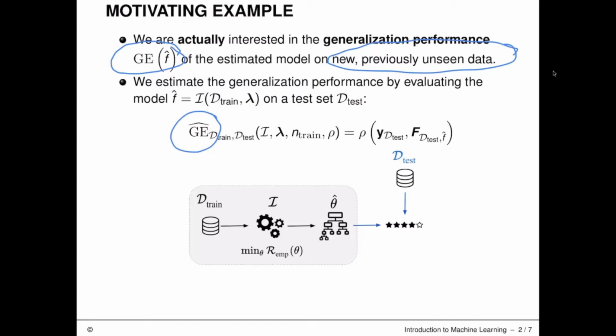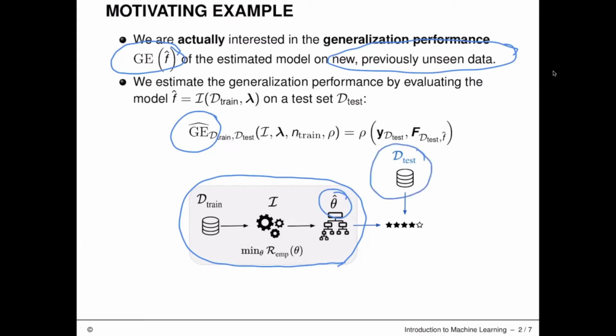First, we have the training process from the last slide. As output from the training process, we have a theta hat, which is the arg min of the empirical risk. And then we apply the model to a new test data set, the test set, and evaluate it on this data set.